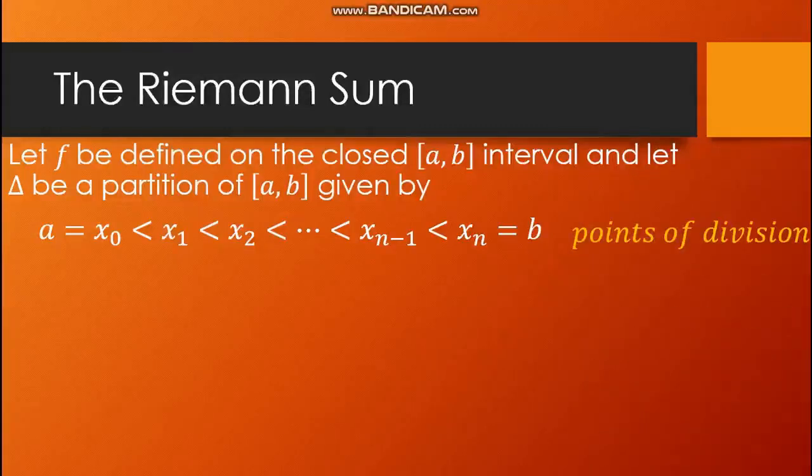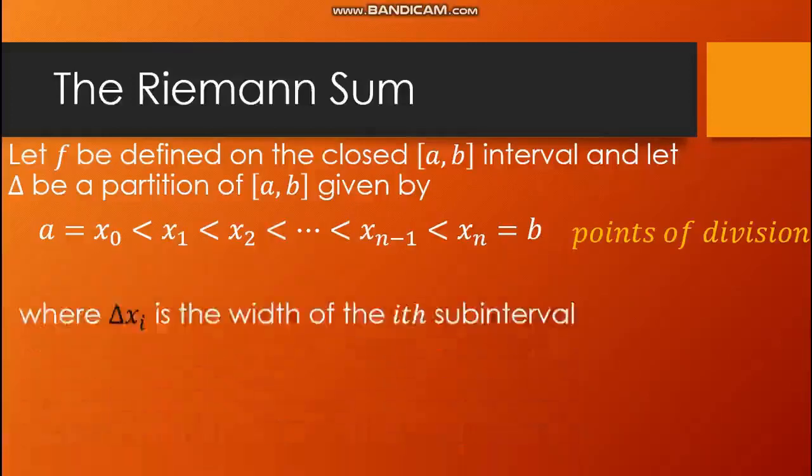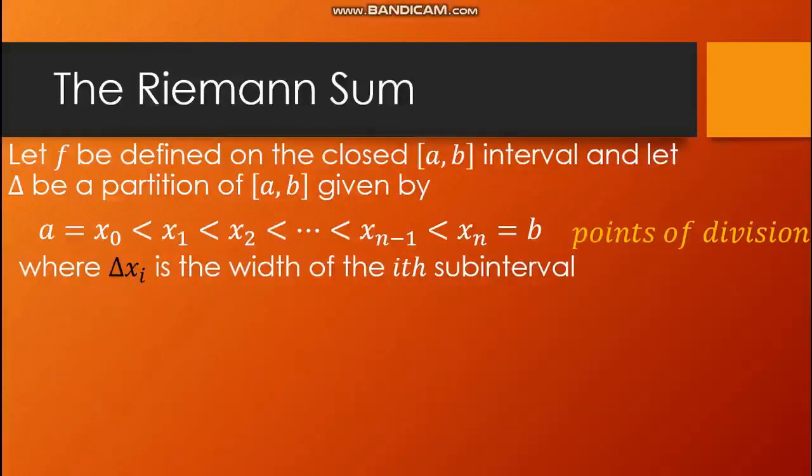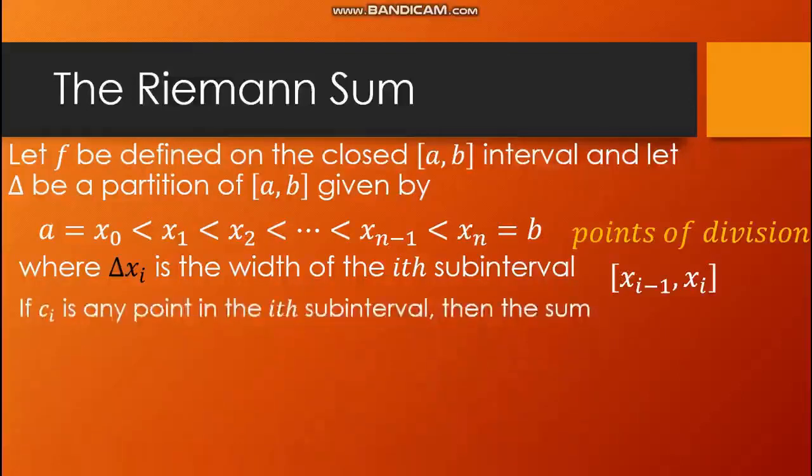Okay? a equals x sub 0, less than x sub 1, less than x sub 2, until less than x sub n, which is equal to b, where our delta x sub i is the width of the ith subinterval from the interval x sub i minus 1, x sub i, wherein our c sub i is any point on the ith subinterval. The sum of the areas of the rectangles is denoted by the summation of f of c sub i times delta x sub i from i equals 1 to n.